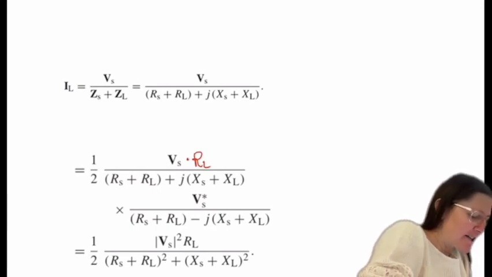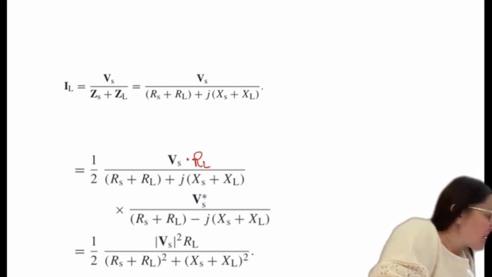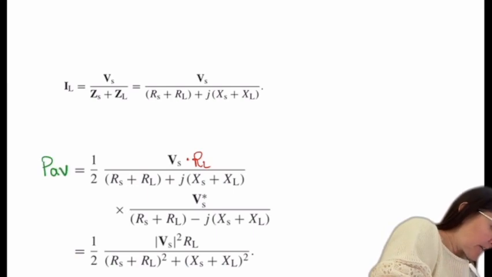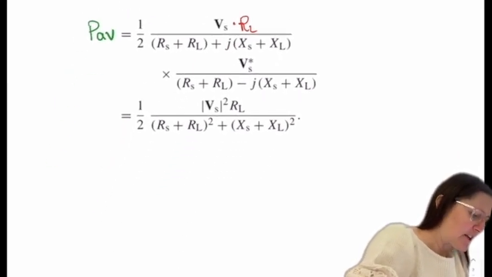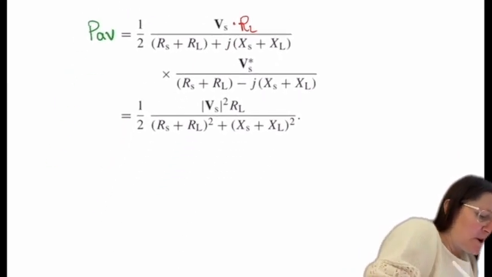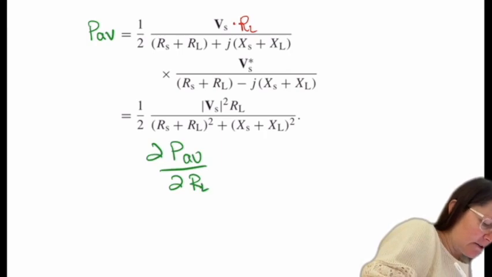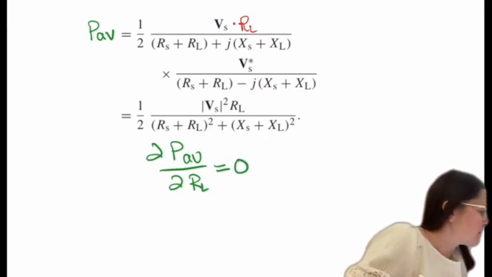Okay, so IL is just VS over the summation, so the same idea. We're looking at the average power, so you take the average power portion of it, and then you take the partial of the average power with respect to RL equal to 0.